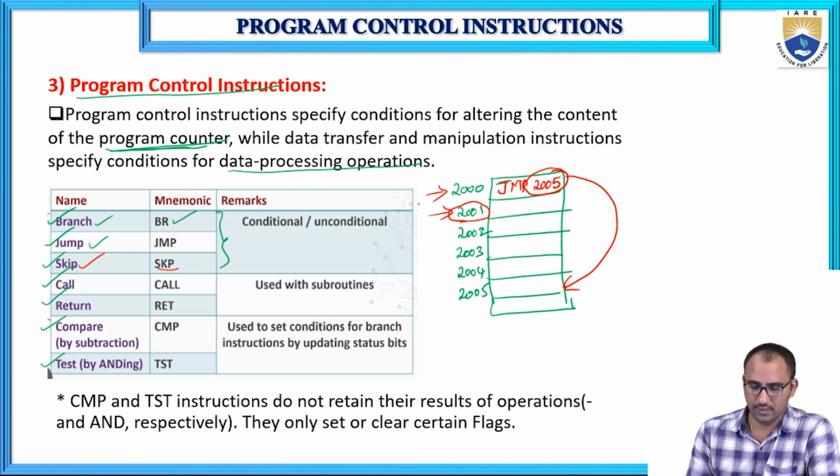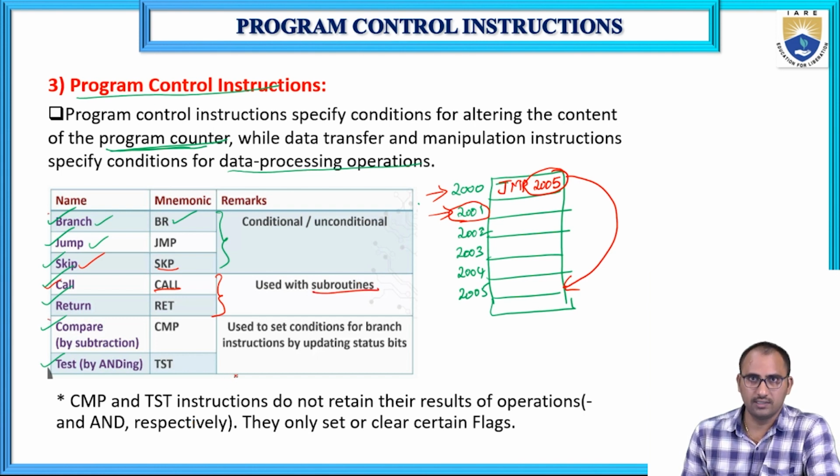Next, call, which is represented with the mnemonic CALL. This call and return, RET, these two we especially use when we are dealing with subroutines. So what is a subroutine? A subroutine is a function.